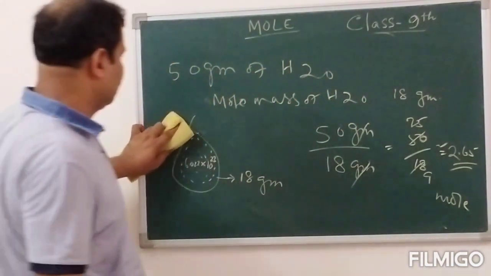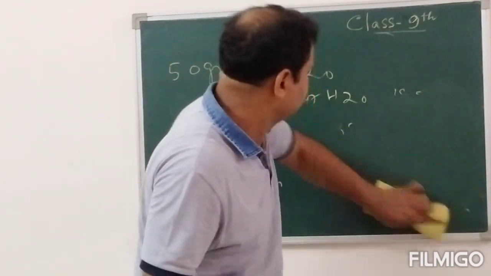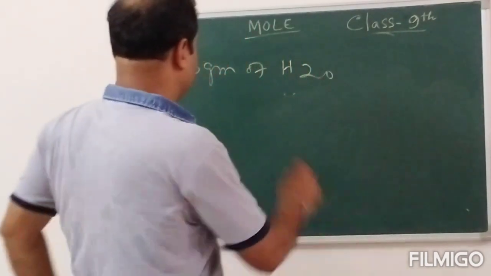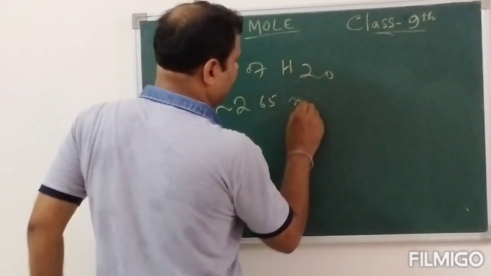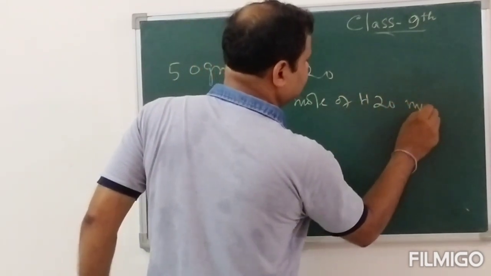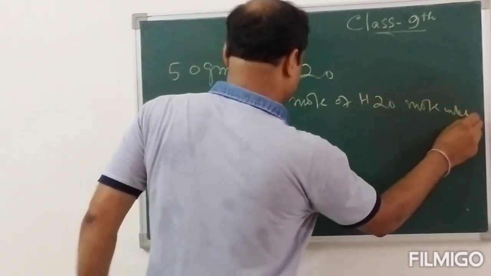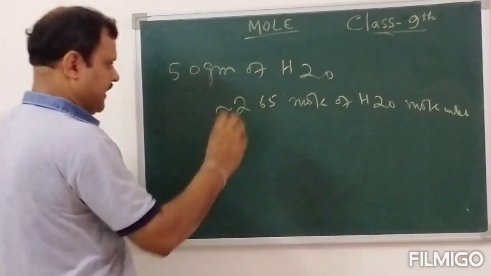Clear? Now question 2. So it is around 2.652 moles of H2O molecules. Now the second question was the number of H2O particles.